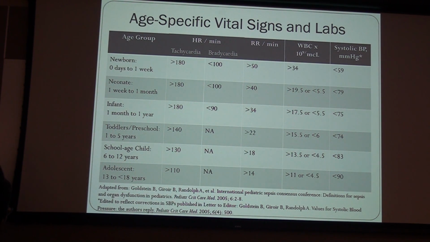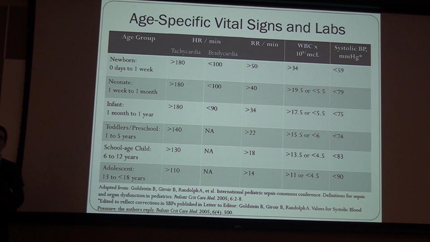Another thing to get at in this chart, which is big and has lots of numbers, is that there isn't a single definition of sepsis and SIRS, and there are various different guidelines.